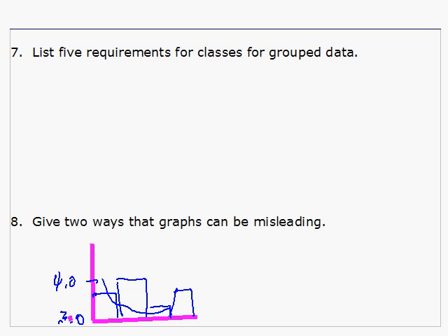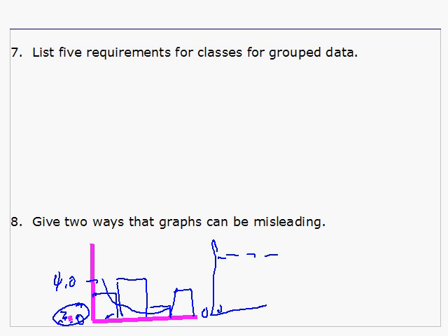But that looks like there's a big difference between these 4 cases. If you plot it all the way to 0, you would see they're very similar. So not having the vertical axis go all the way to 0 is one way to mislead the differences between the data. This exaggerates the differences.